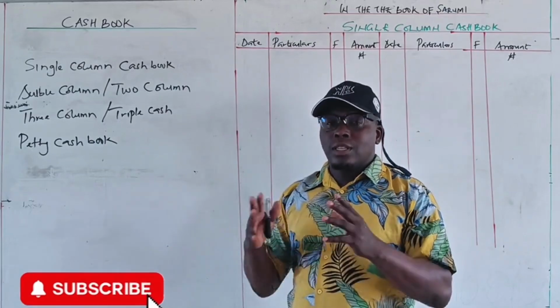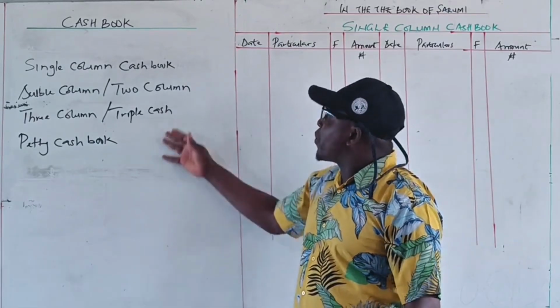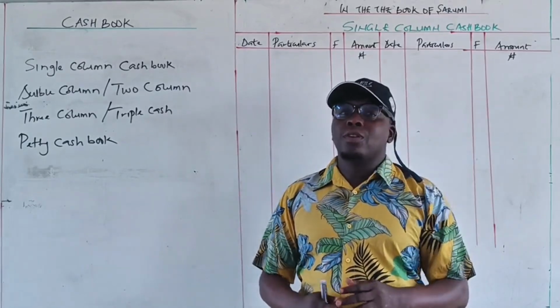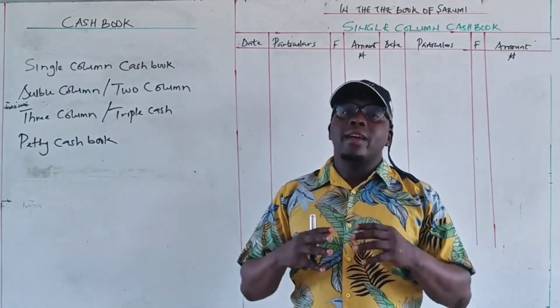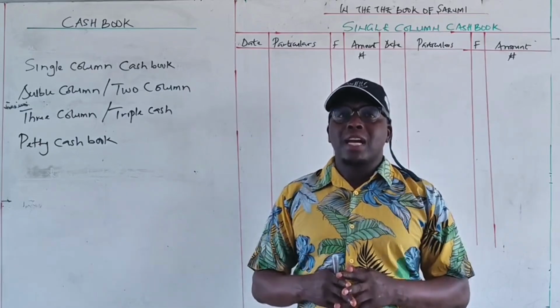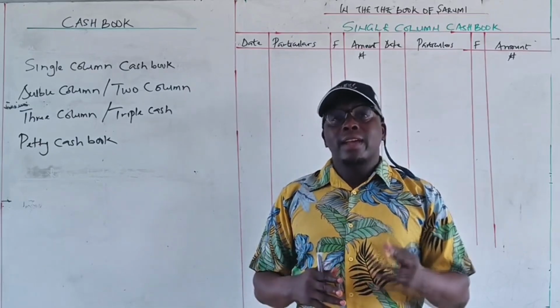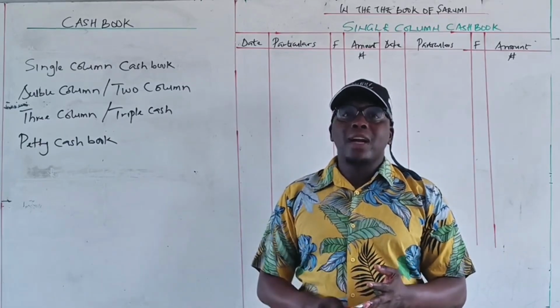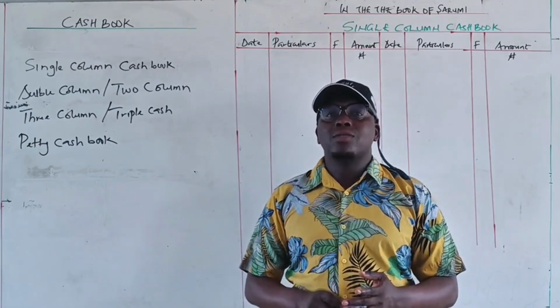The three column cash book, in addition to the double column, introduces the discount column, so we have the cash column, the bank column, and the discount column.